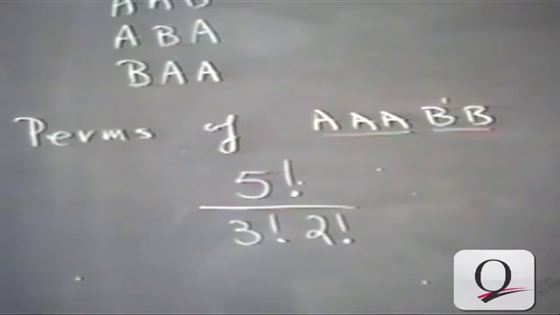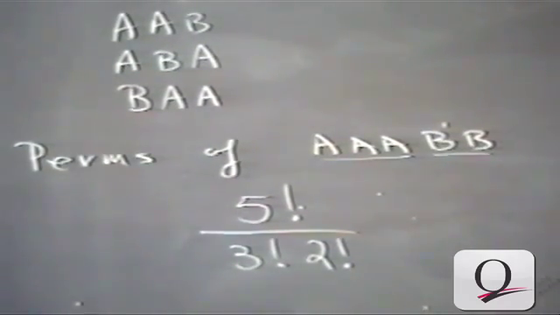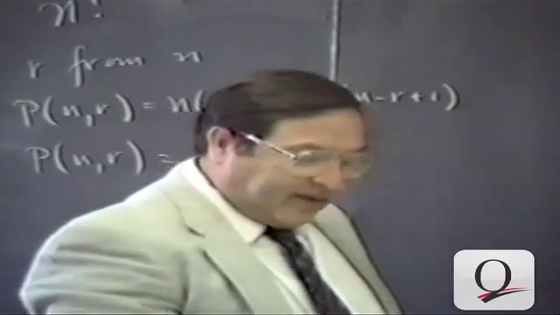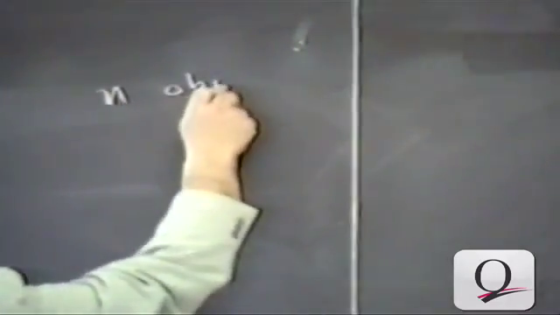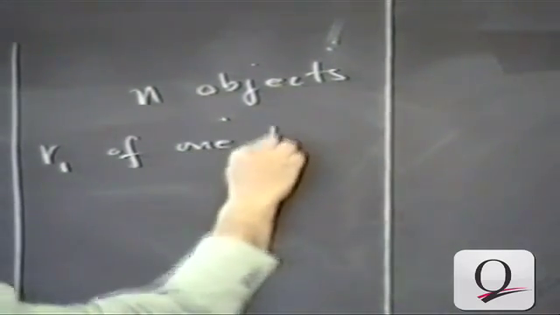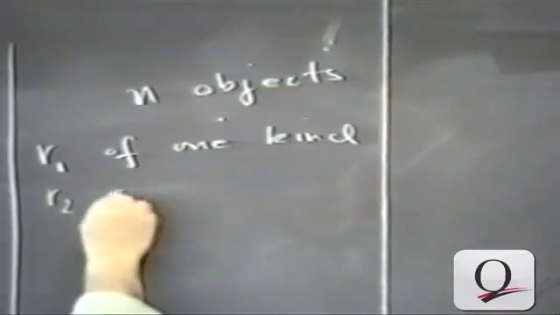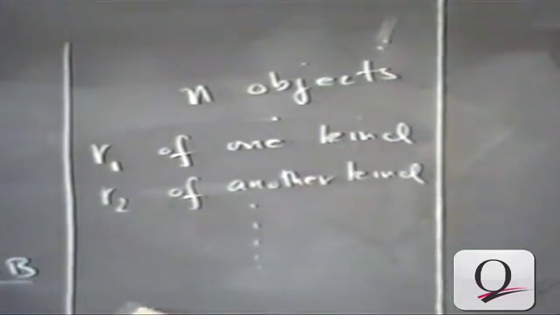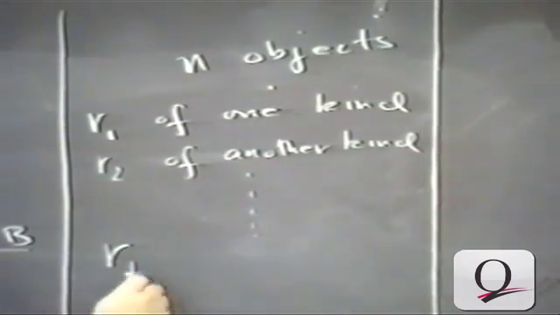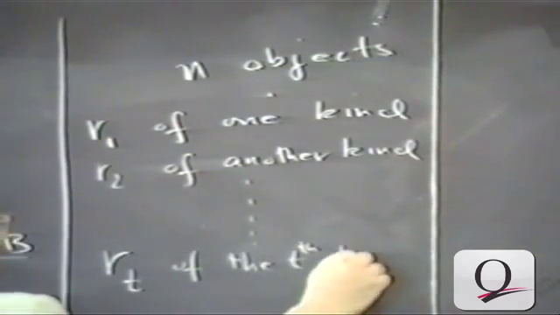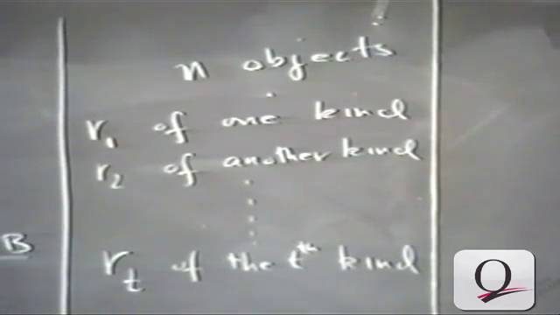In general, if we have n items comprised of so many of one kind and so many of another kind, up to some last index I'll call R sub t of the tth kind, then we have the following formula.